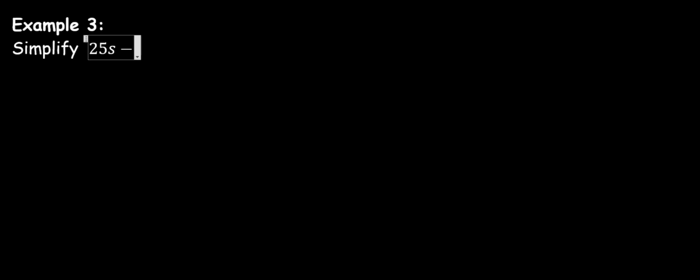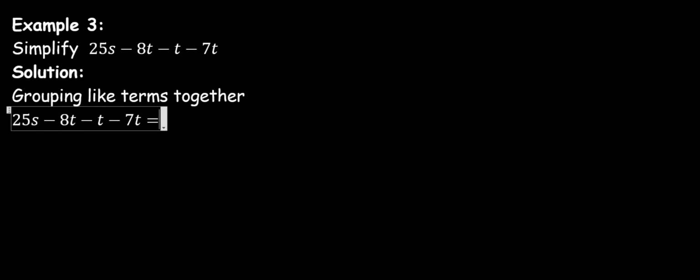Simplify 25s minus 8t minus t minus 7t. Solution. Grouping like terms together, we have 25s minus 8t minus t minus 7t will be equals to 25s minus 16t. We just added all the minus t together, and that gives you 16t. Another example.